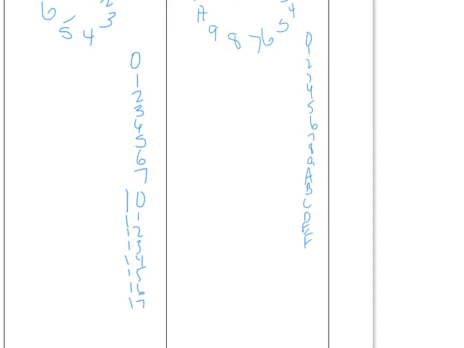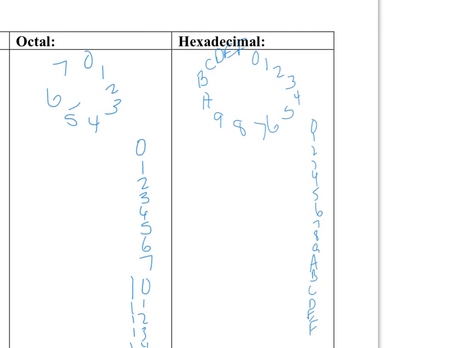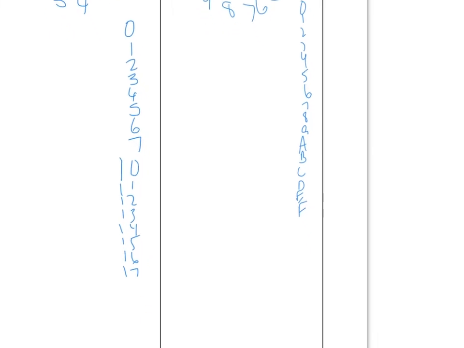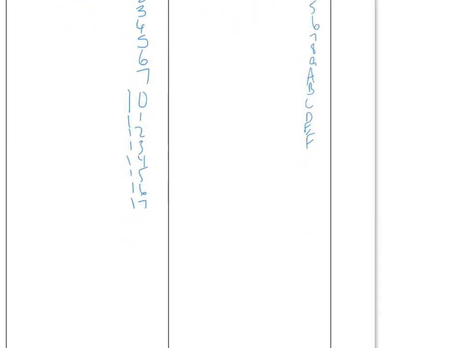Now, at that point, we have gone around once. So since we have gone around once, in the next spot, in our 10 spot, which in this case is not 10s, it's 16s, we go 1, 0.